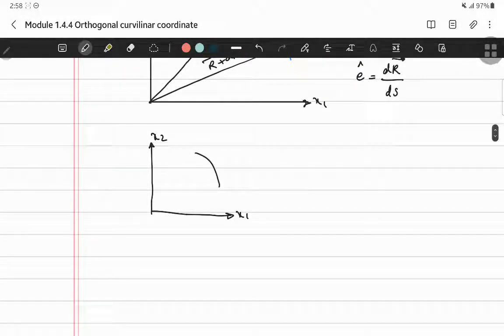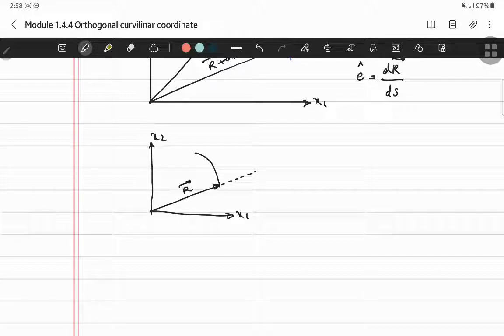But suppose you have a curvilinear coordinate system, like the polar coordinate system. So we had a vector like r here, and you see that it does not change in this direction. If you just expand or contract it, it does not vary with respect to, for example, theta.